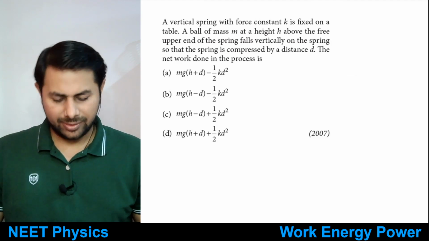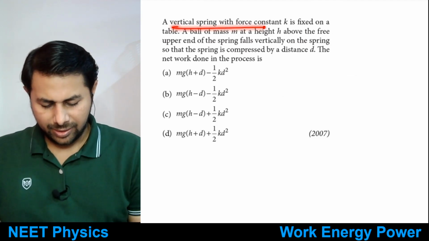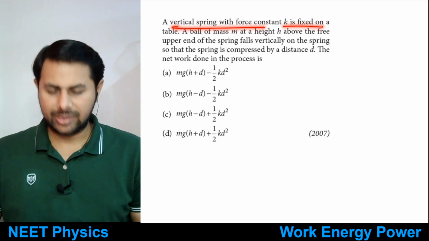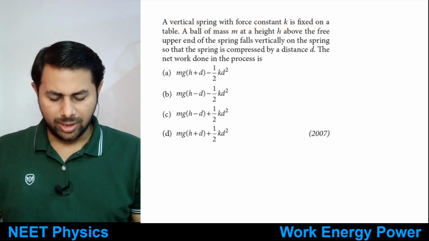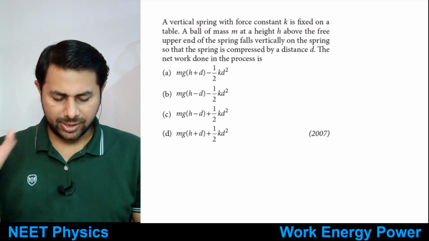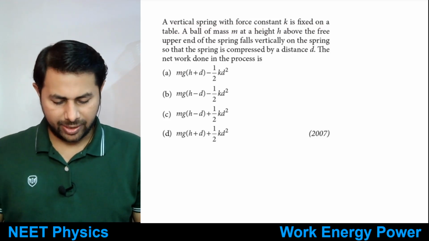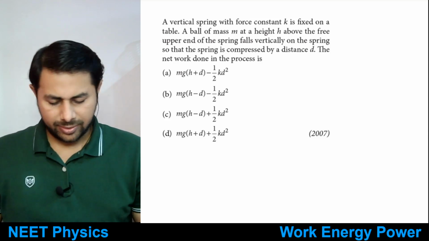Okay, let's see next one. A vertical spring with a force constant K is fixed on a table. A ball of mass m at height h above the free upper end of the spring falls vertically on the spring.